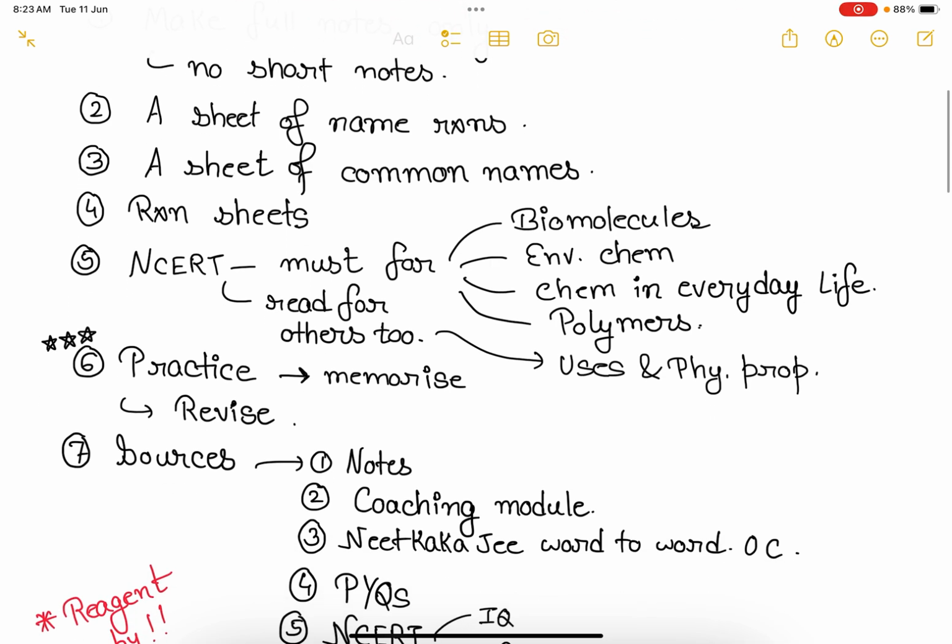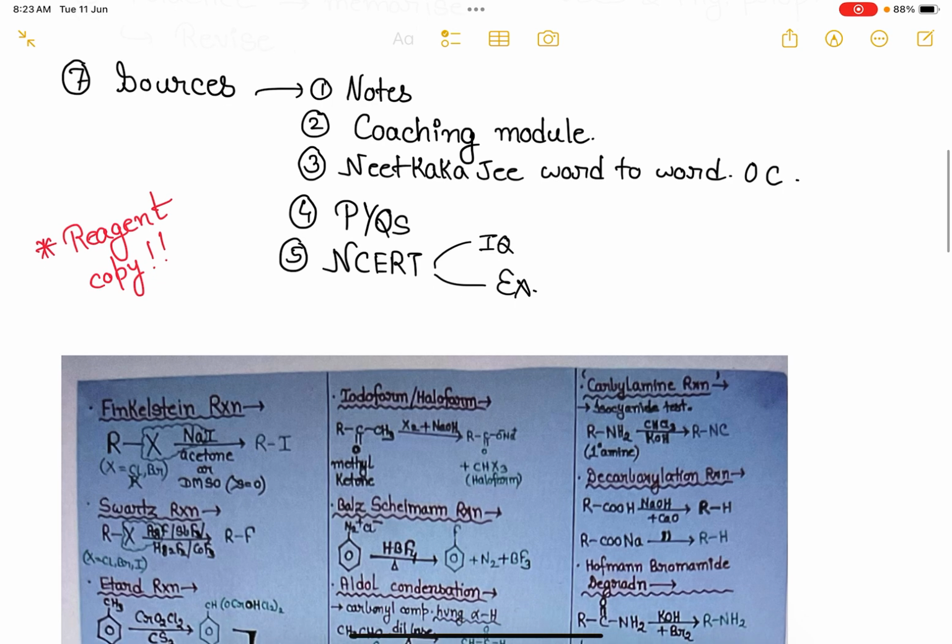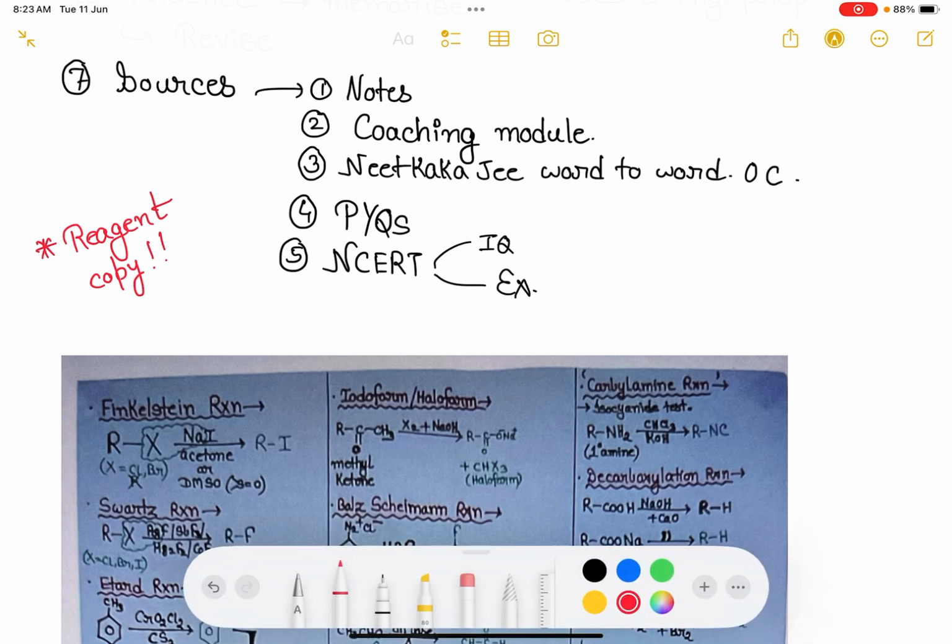Next, the second point: the reagent copy. This is an important point. If you tend to forget the functions or actions of the reagents, what a reagent converts from what to what, then this is important for you. I haven't made one, because I remembered reagents well, but if you cannot remember reagents properly, you have to make a reagent copy.